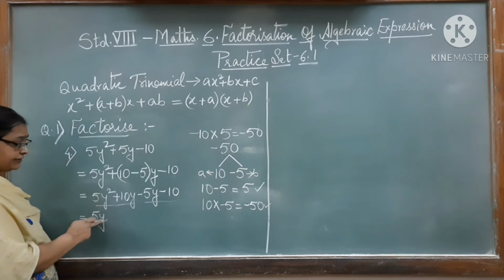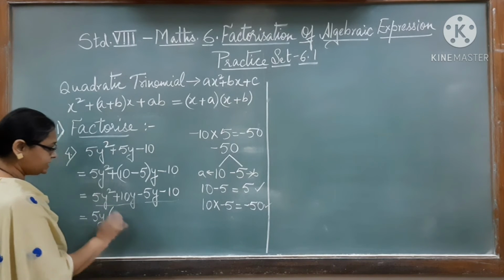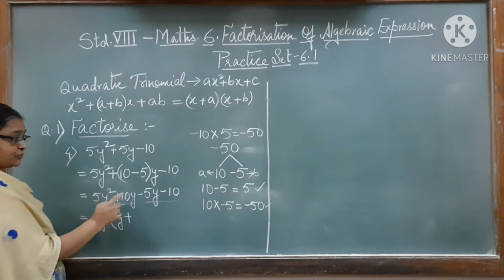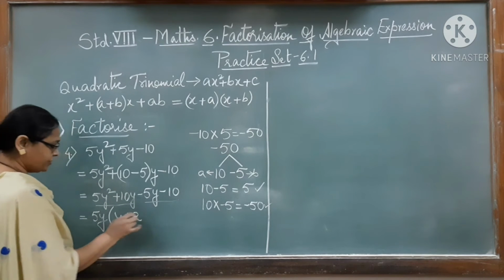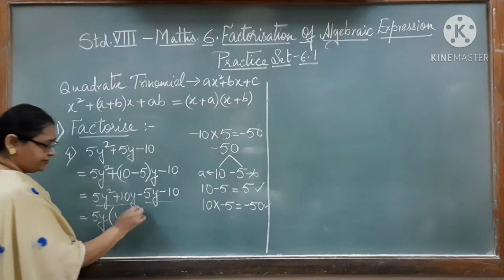So I am going to use 5y as a common term. 5y into y is 5y square, plus sign. 5 2s are 10, so I am going to use 2 over here. y is already there, so 5 2s are 10 into y is 10y.